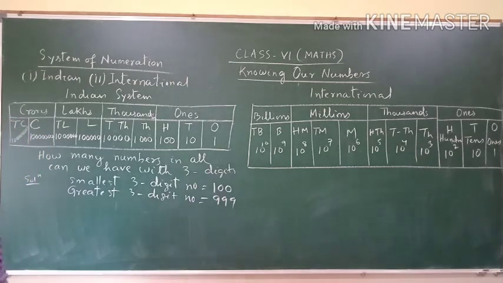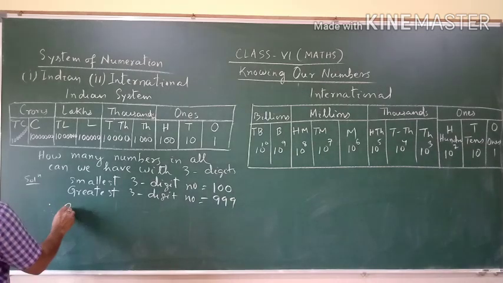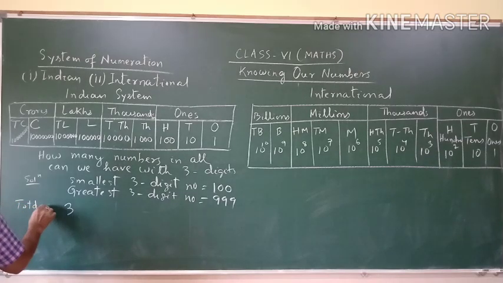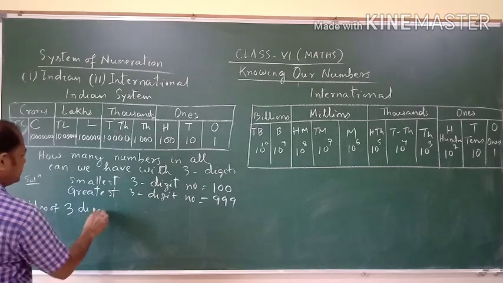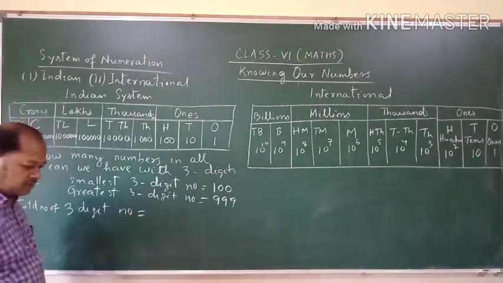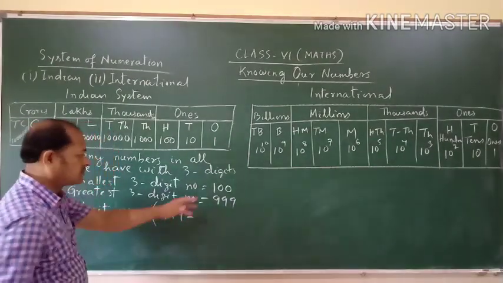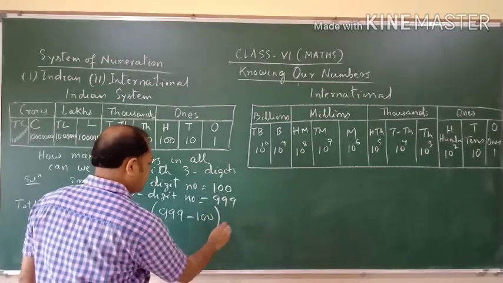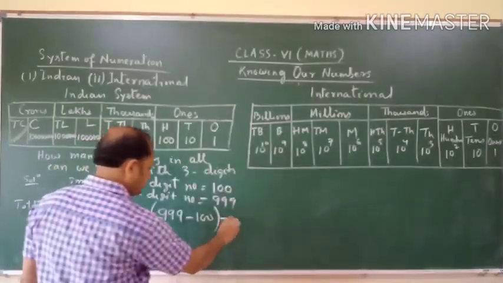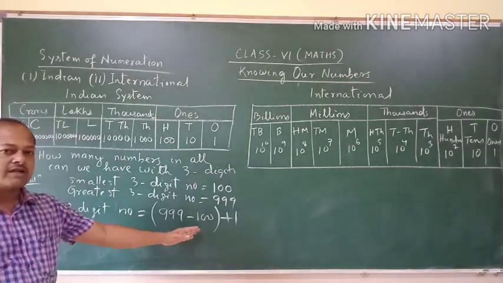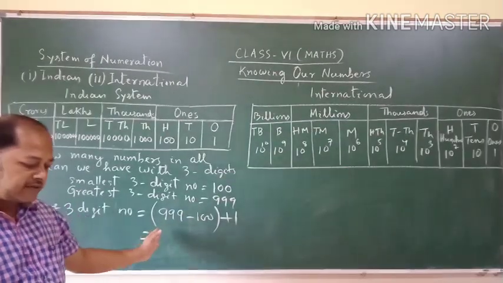The question is asking how many numbers there are with 3 digits. What is the formula? Total number of 3 digit numbers equals the largest number minus the smallest number, that is 100, plus 1. So if you do the largest 3 digit number minus the smallest 3 digit number plus 1, you will get the answer.